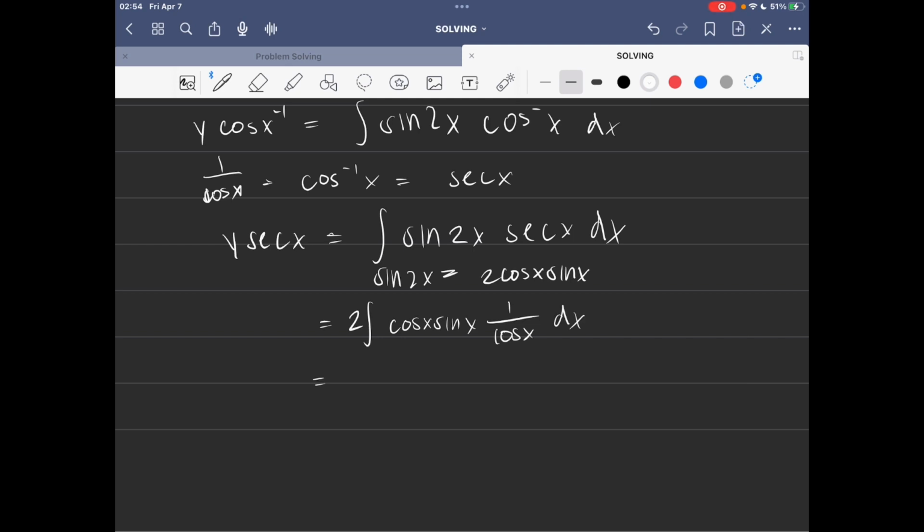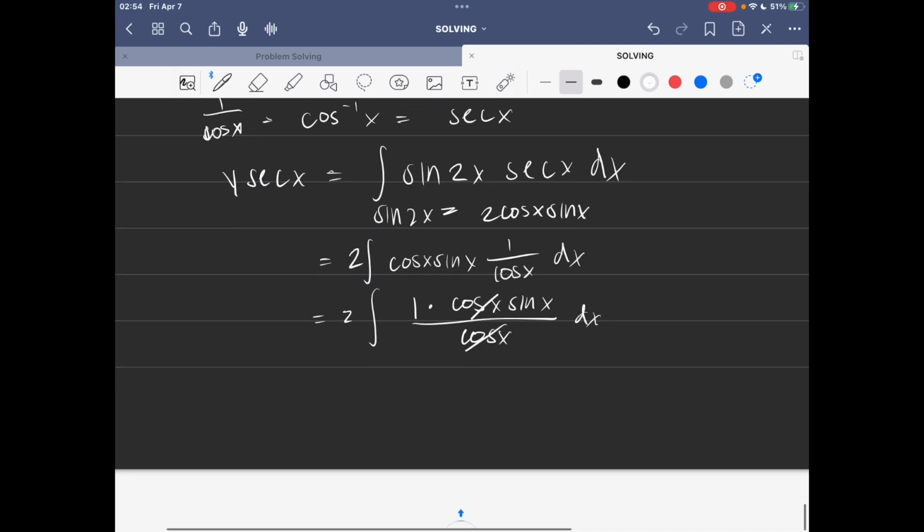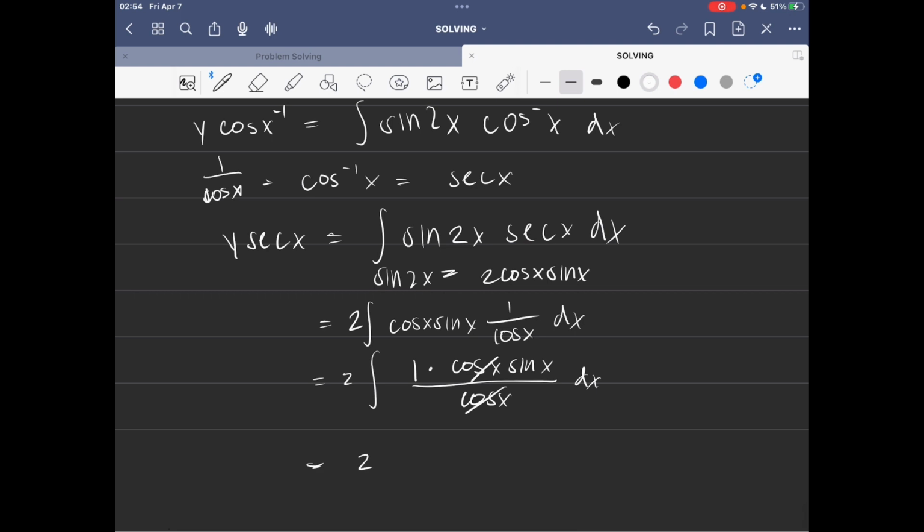Then we combine 1 times cos x sine x over cos x. Then we are able to cancel cos x, and we'll be left with sine x.